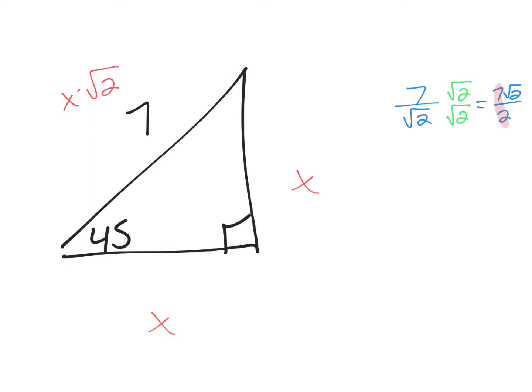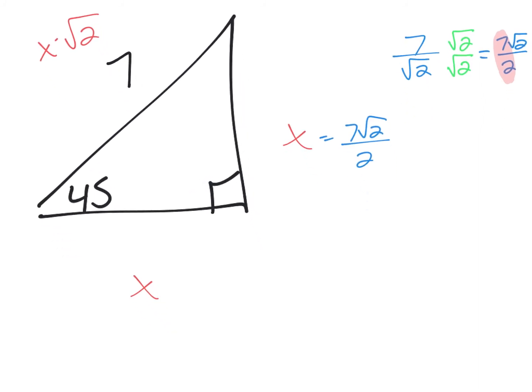When you're looking to see if you can reduce it, you look at the two non-square root numbers, because you can't reduce square root 2 and a regular number. So the answer is no, you can't reduce it. So this x is going to be equal to 7 square root 2 over 2. That's how you say it. I know it's a mouthful. And so is the other one.